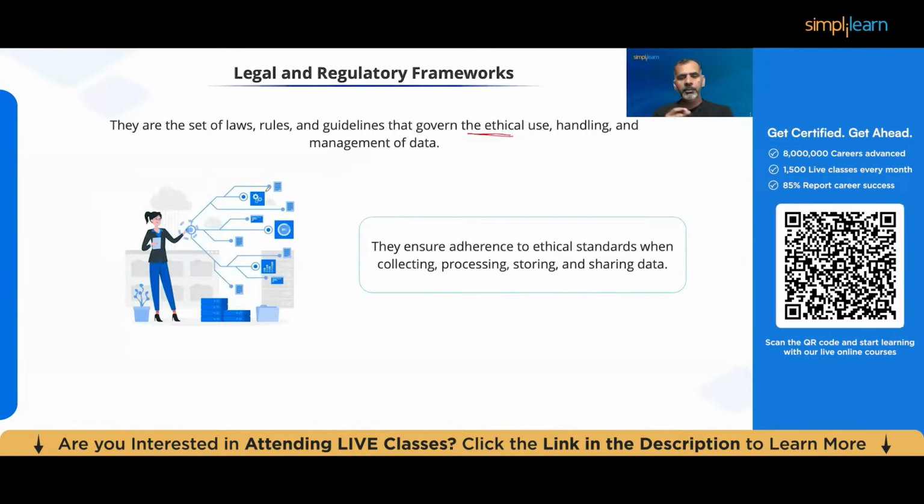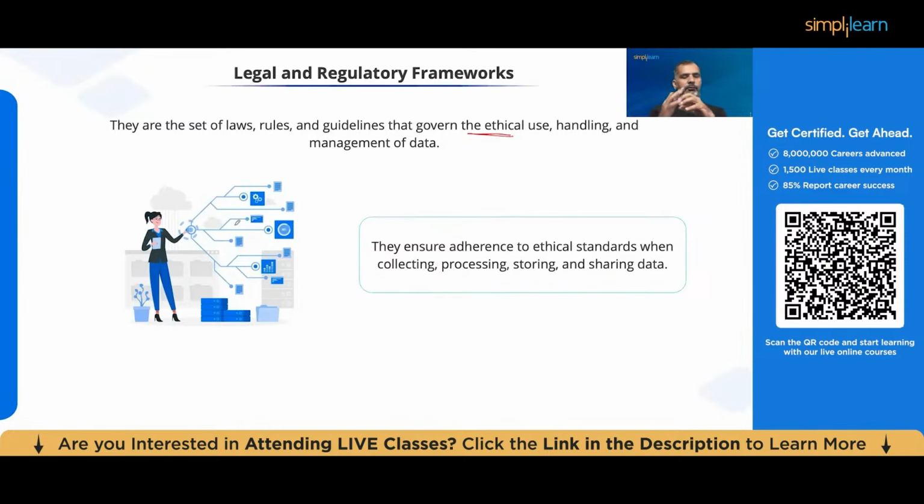So when I say ethical data practices, they talk about how to use the data, how to store the data, how to process the data, and if you are sharing data with a third party, what the rules of sharing this data are. Legal and regulatory frameworks are there to govern these ethical data practices, and they ensure ethical standards are imposed in every data organization when it is collecting, storing, using, or sharing data.